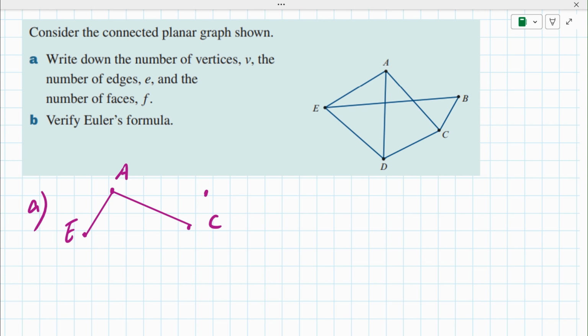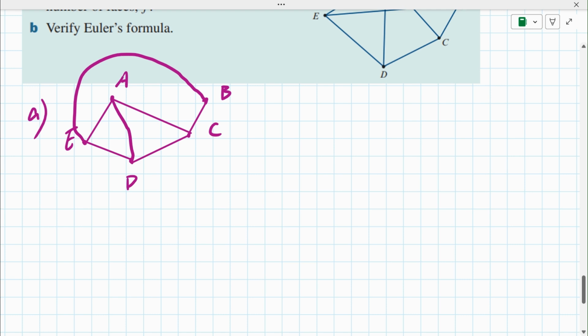C to B connected, E to D connected, and D to C connected, perfect. But we had E to B, so we do a quick curve to connect it. Now we have a pretty nice planar graph.